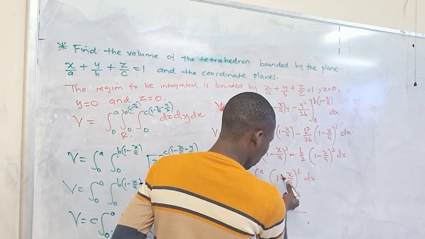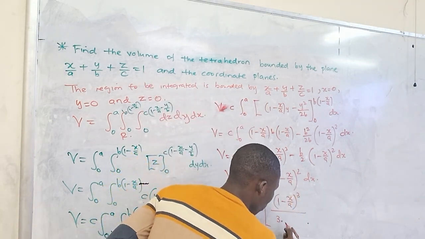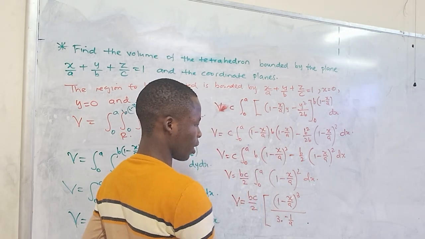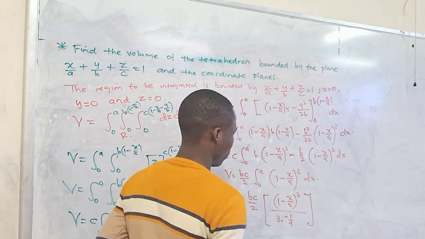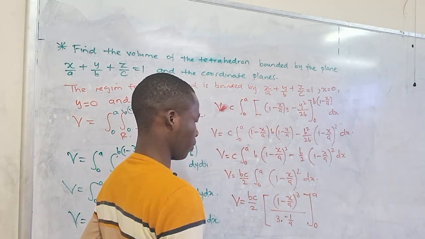If you differentiate here with respect to x, you will find negative 1 by a. So this is 3 into negative 1 by a. These are rules of integration. Like this, from 0 up to a.